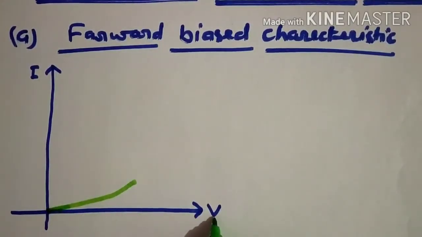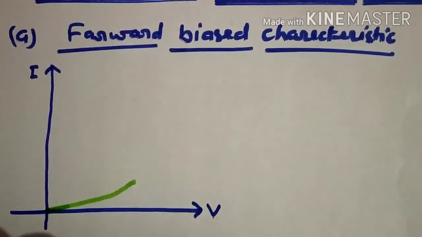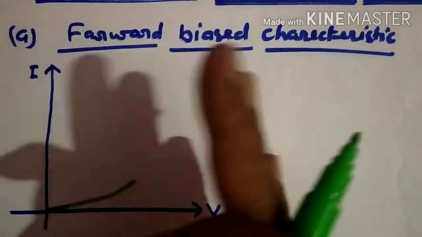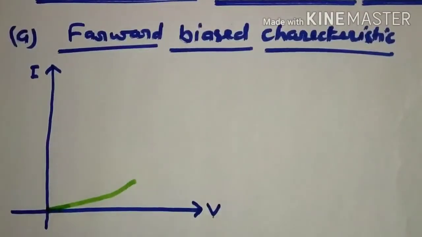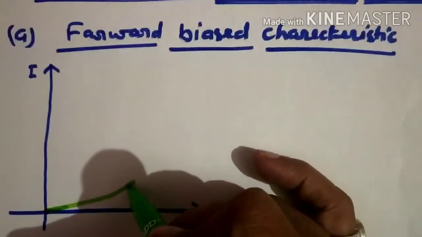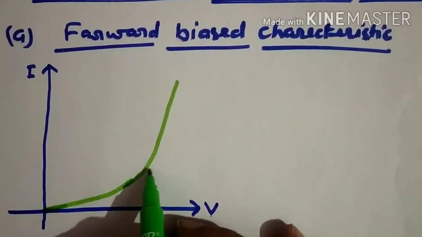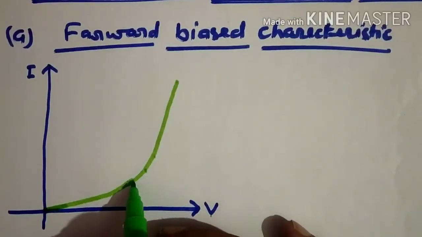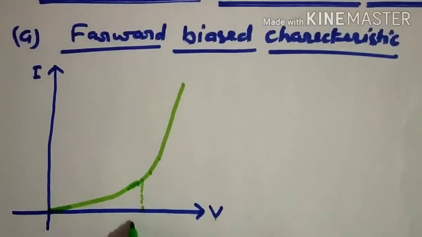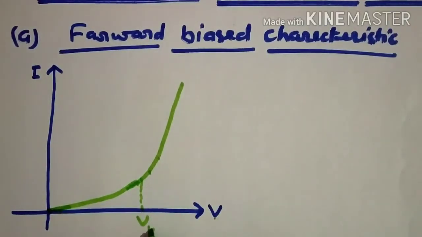But if we keep on increasing the voltage, there will be a value of the voltage when the energy of almost all the electrons and the holes will be sufficient to cross the junction. Thus, the current in the diode increases rapidly, and this voltage from where the current increases rapidly is known as the knee voltage. This is the knee voltage.